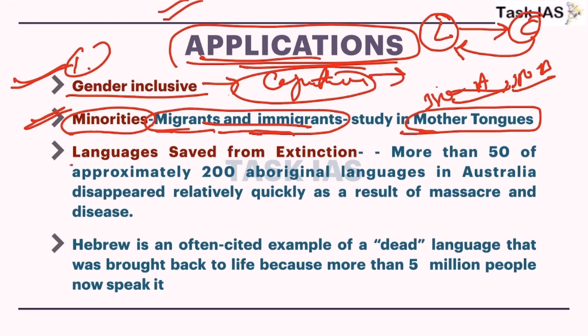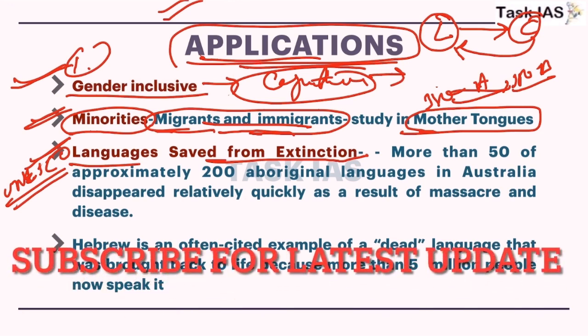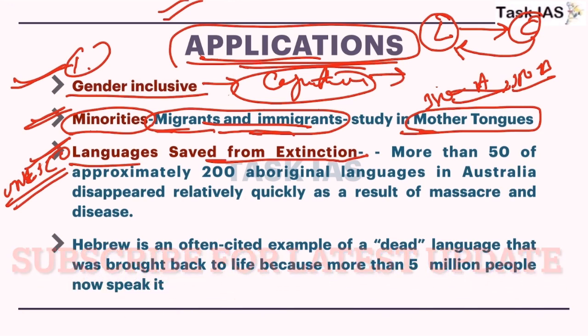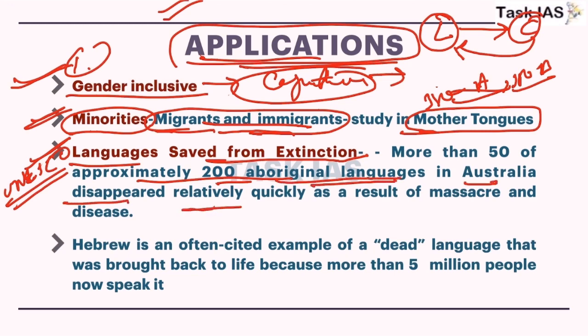Now, languages saved from extinction. There are a lot of endangered languages declared by UNESCO which need urgent preservation. More than 50 of approximately 200 aboriginal languages in Australia disappeared relatively quickly as a result of disease and various massacres.